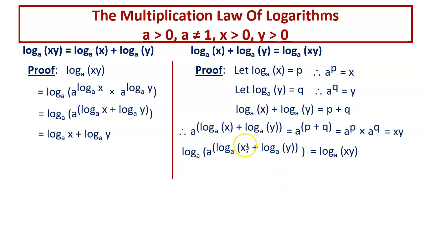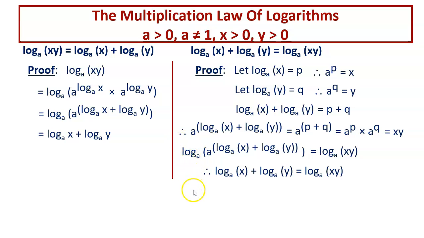And again using one of the properties of logarithm, log of e raised to some power to the base a is equal to that power. So this is log of x to the base a plus log of y to the base a equal to log of x times y to the base a. So we have proved both the versions of this multiplication law of logarithms.